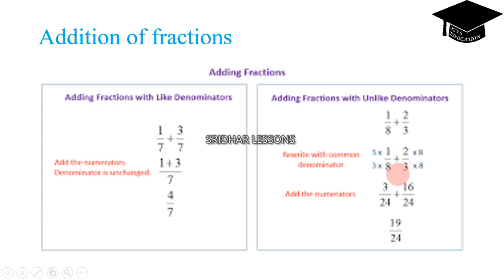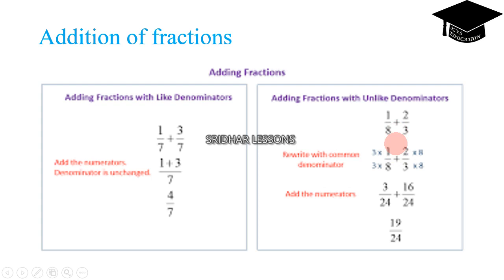That means we are making the denominators equal. So it will be converted to 3 by 24 plus 16 by 24. Since the denominator is equal, we can simply add the numerators without changing the denominator value, that is 19 by 24.